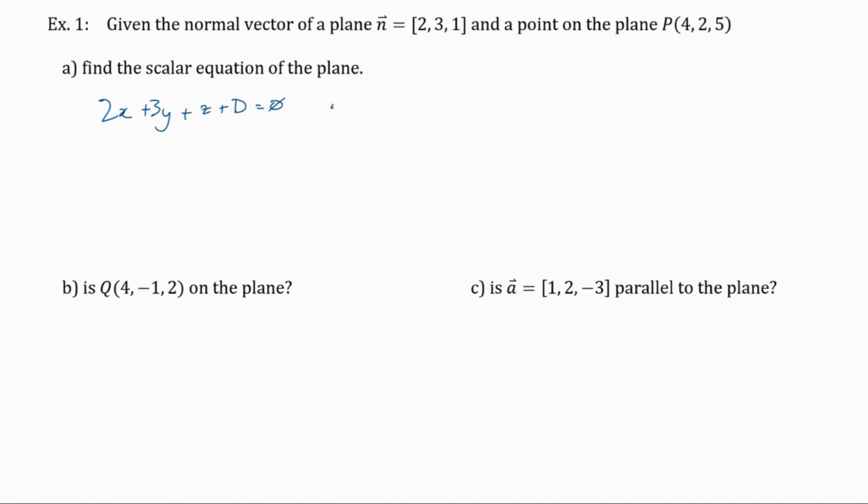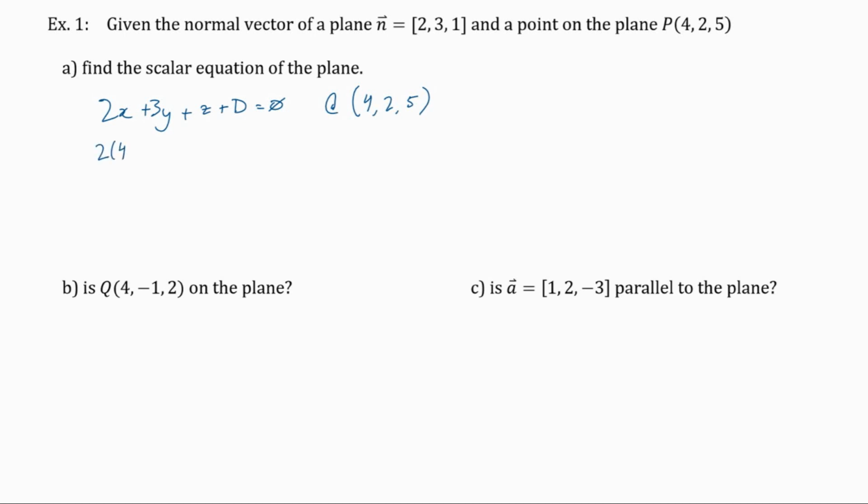Okay, and then use the point. So this one I would say is fairly straightforward. It gives you the normal vector and a point and specifically says find the scalar equation, but that won't always happen. It won't always be that straightforward. But if you want to find the scalar equation of the plane, this is how you're doing it, right? With a normal and a point, subbing in and solving for d.